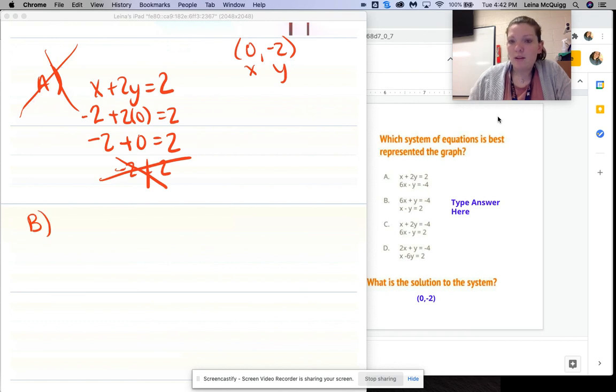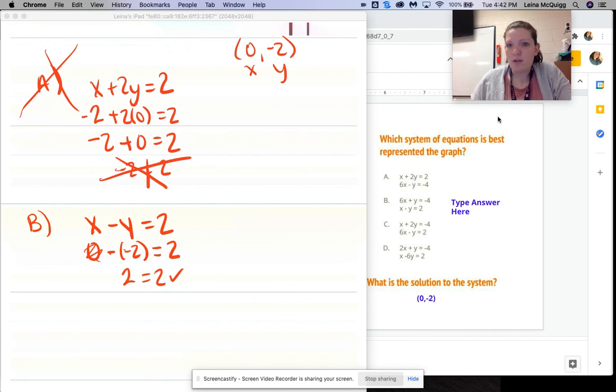Then we can go to B. I'm going to do the second equation on that one. x minus y equals 2. Well, that means I'm going to plug in my values. My x is 0, so 0 minus negative 2 equals 2. Well, minus a negative is actually a positive, so 2 equals 2. Well, that's correct.